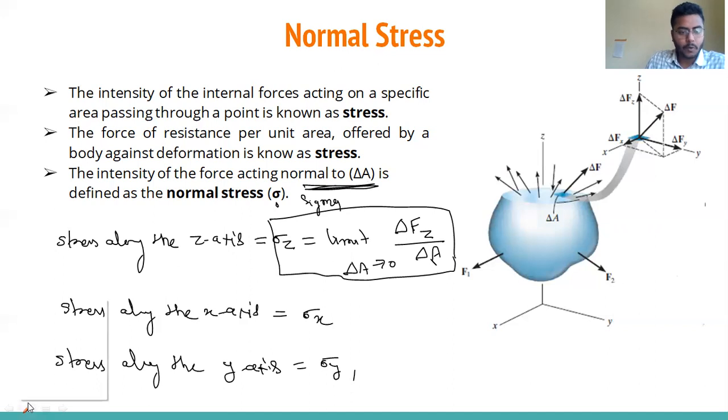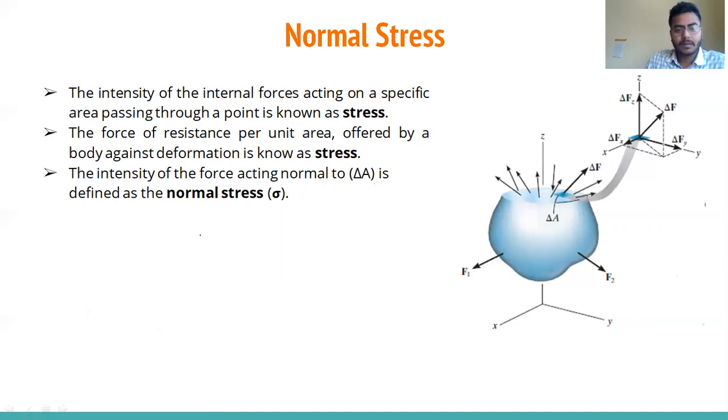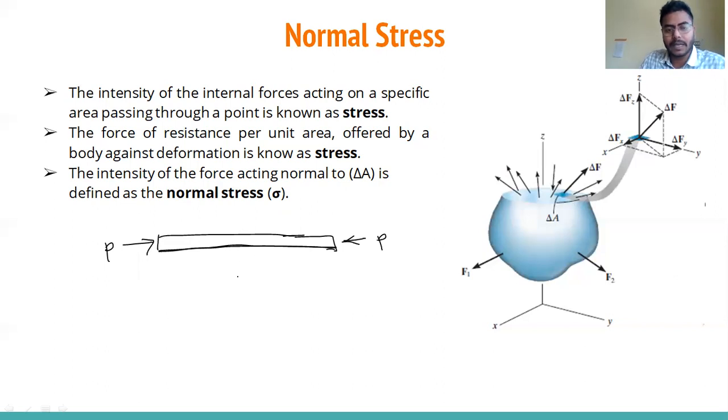Now, what are the types of normal stress? Suppose this is a prismatic bar, this is a rod, and two equal and opposite pushing forces are acting on it. In this case, what will happen?